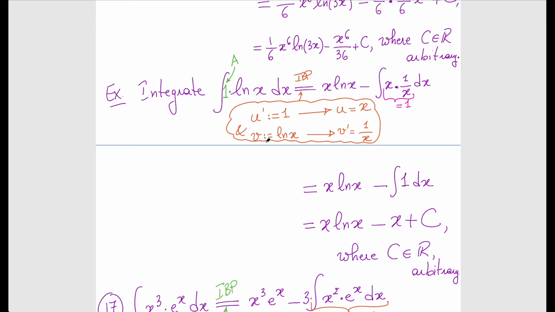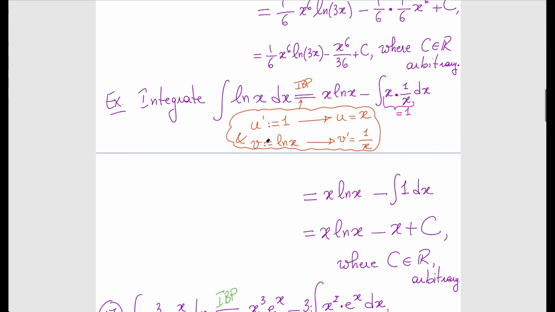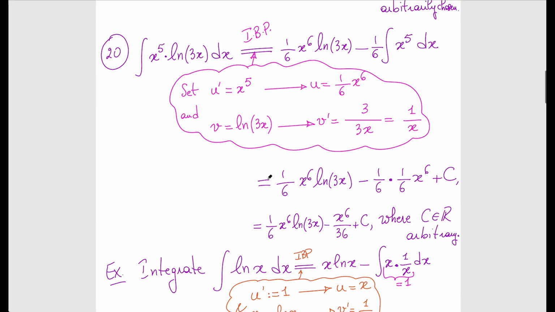Let's scroll up to go to the previous one. Similarly here, this is an algebraic expression, and this is a logarithmic expression, and in ILATE L comes first, so that's the one that plays the role of V in the IBP.